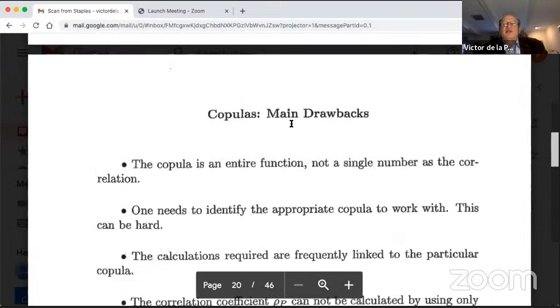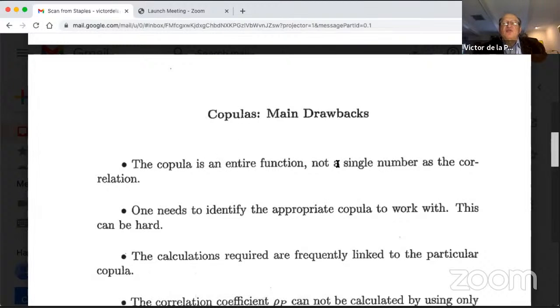Now, what are the drawbacks? Copulas are not the panacea for everything. They are good, but one has to be careful when using them. Copulas are whole functions, not a single number like the correlation.